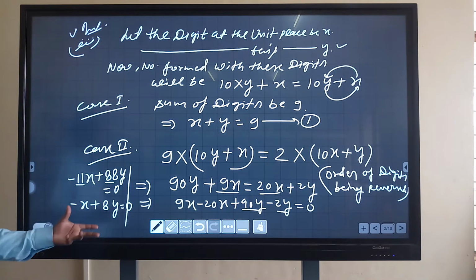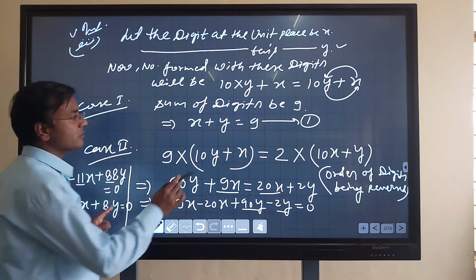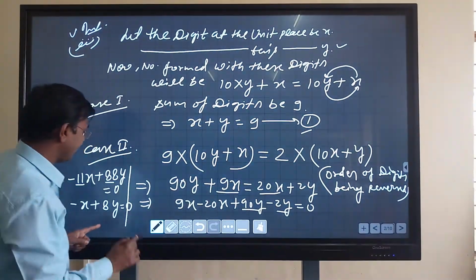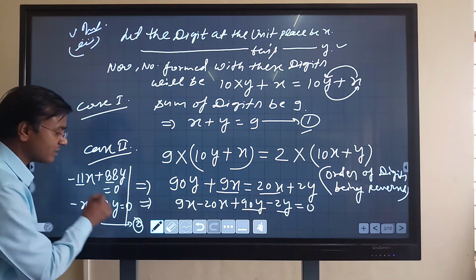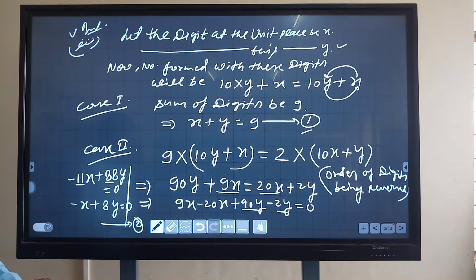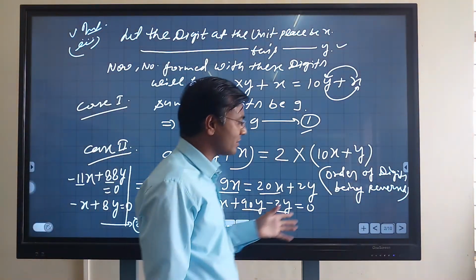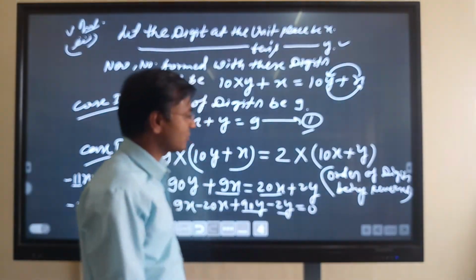So this is done to make the calculations easier. So this is equation first, and you will assume this is equation second: minus x plus 8y equals 0, and you can again simplify, use the elimination method. Okay, elimination method, I have solved many questions, so you try this elimination method.